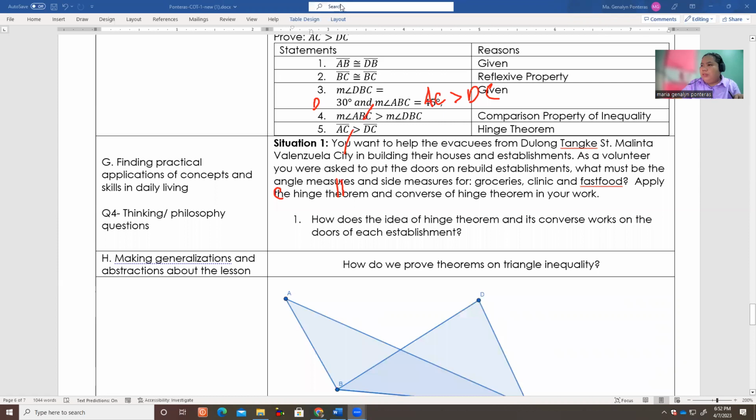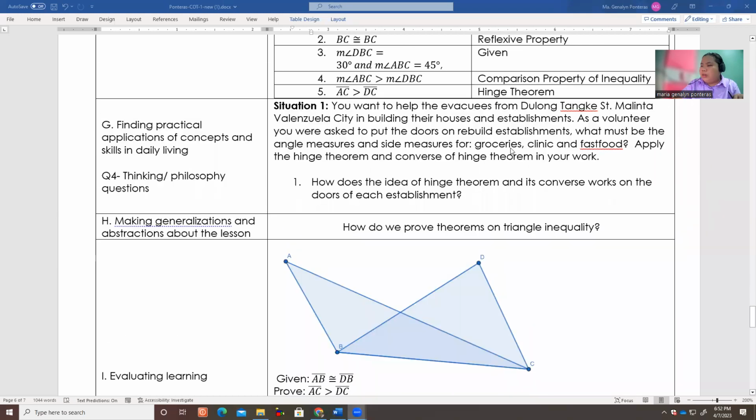Of course, you can't give everything because you will run out of time, so just let the students explore the other proving part. In the first situation, I brought back the situation about Dulong Tangke, the incident on Dulong Tangke Street at Malinta, Valenzuela City.